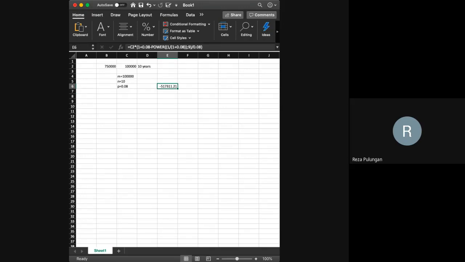So this is the result. If you compute this, the result will be 724,688 point something.